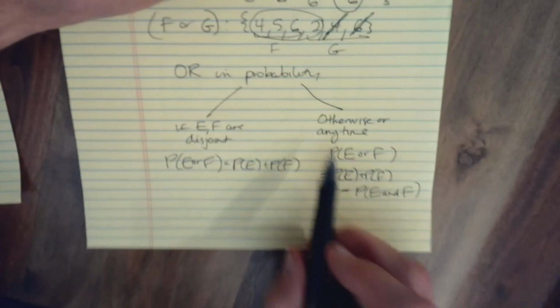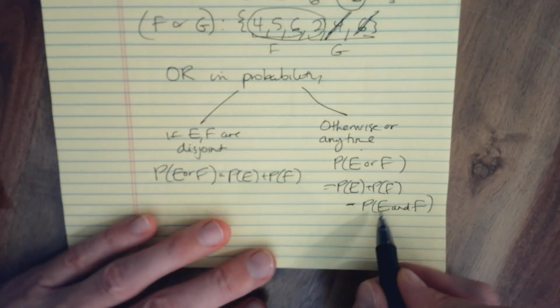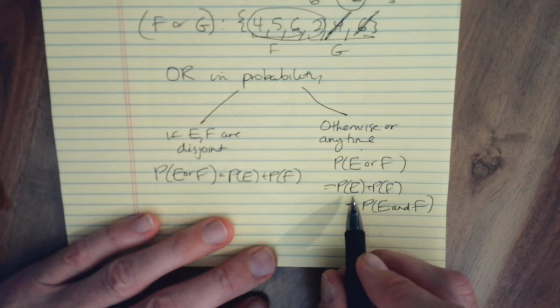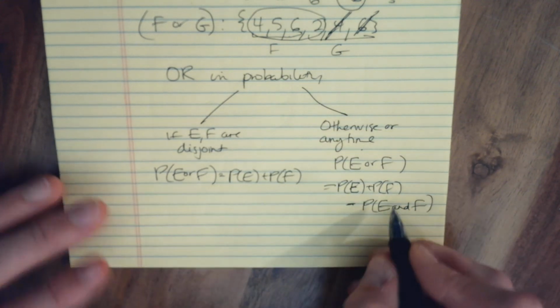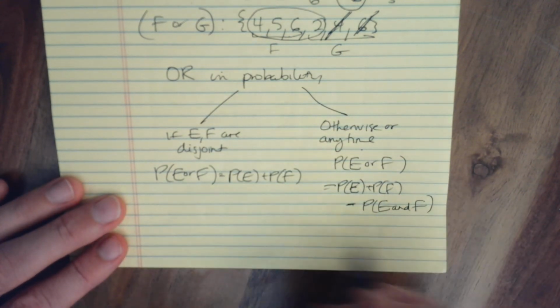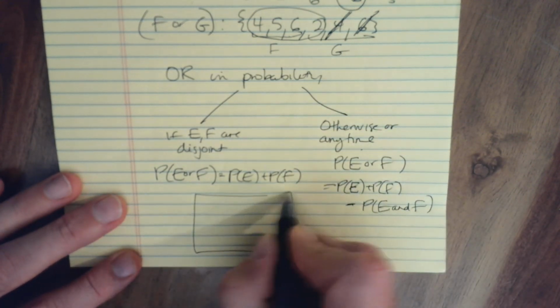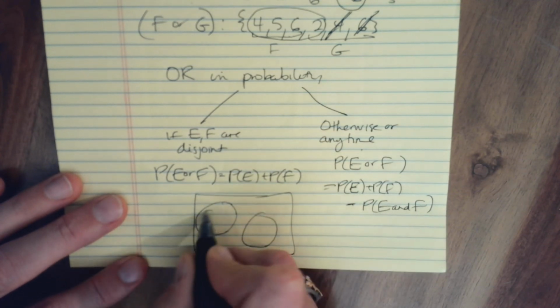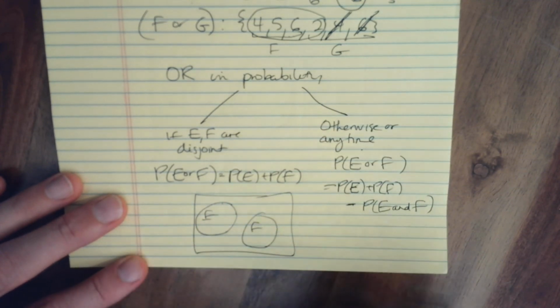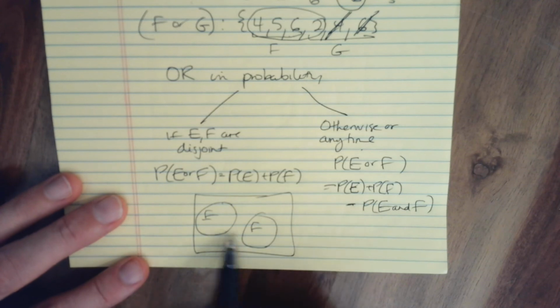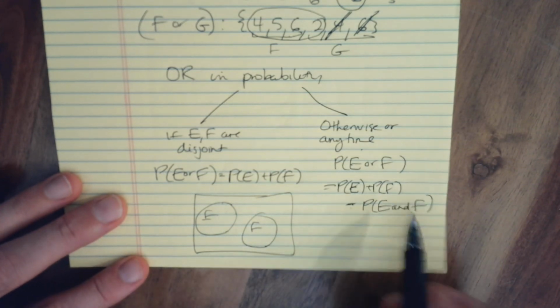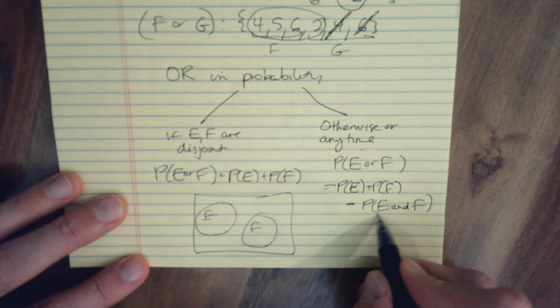Now the reason I say that this would work anytime, let's say that E and F are in fact disjoint. So remember what disjoint means. That means E and F have nothing in common. So the probability of E and F, this precisely means what they do have in common.